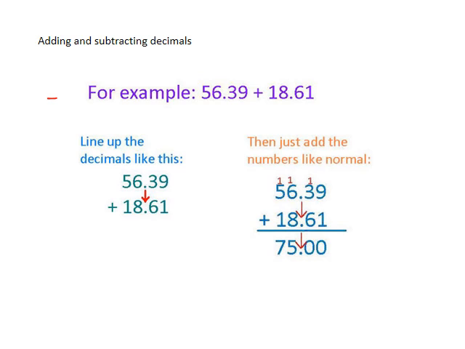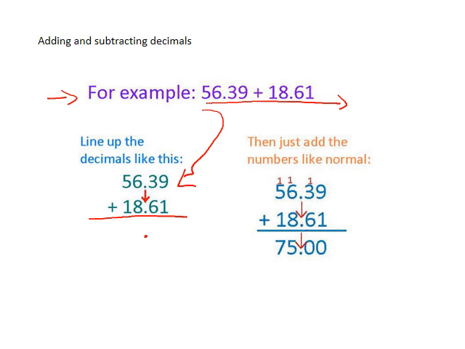If they give you a question that looks like this, where it's written straight across, you need to rewrite it like that. It has to go up and down, and you have to line up your decimals, okay? So you know that in the answer, your decimal is also going to be lined up, okay? And so then they've done the adding for us, and they've got an answer of 75.